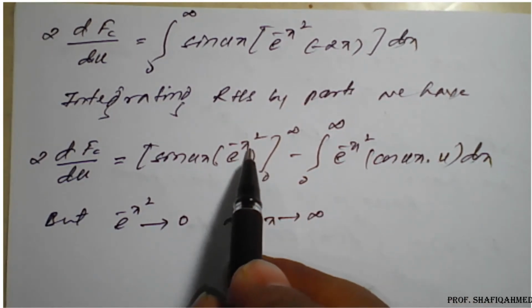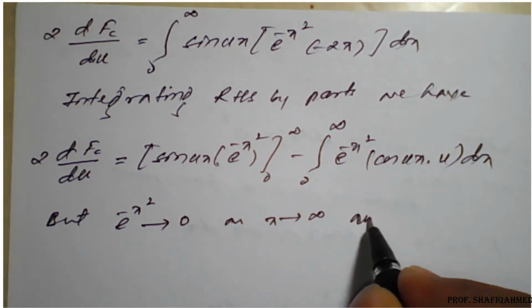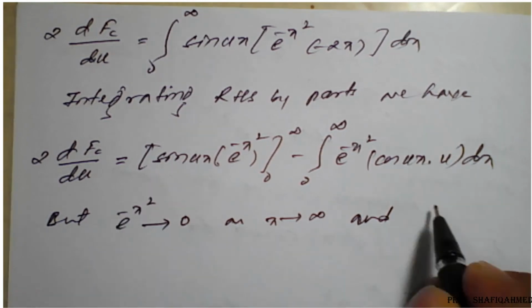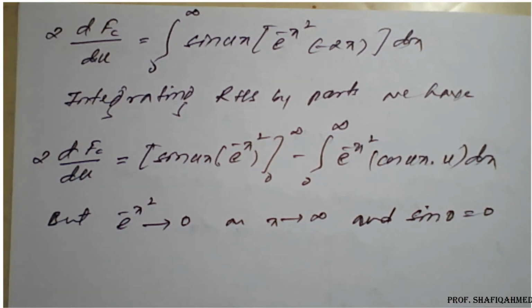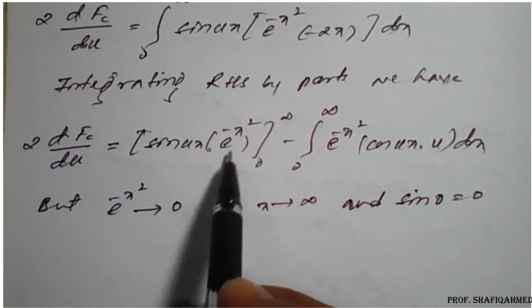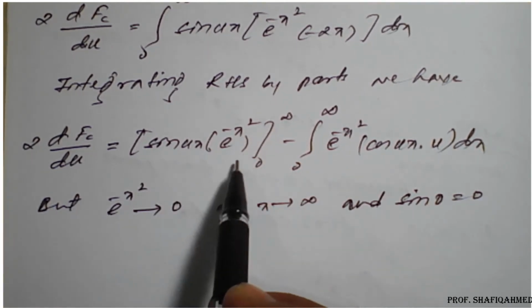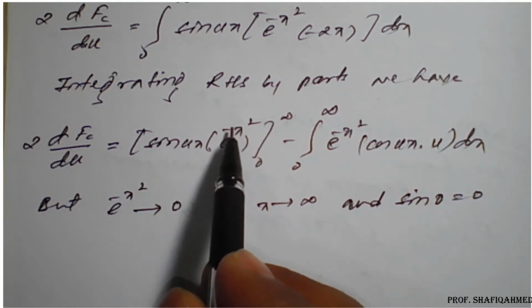It will turn to 0, and also if you apply the lower limit, sine of 0 will be 0. So if you apply infinity, it will be 0, and if you apply 0, sine 0 is also 0. So if you apply the upper and lower limits, this will vanish completely.